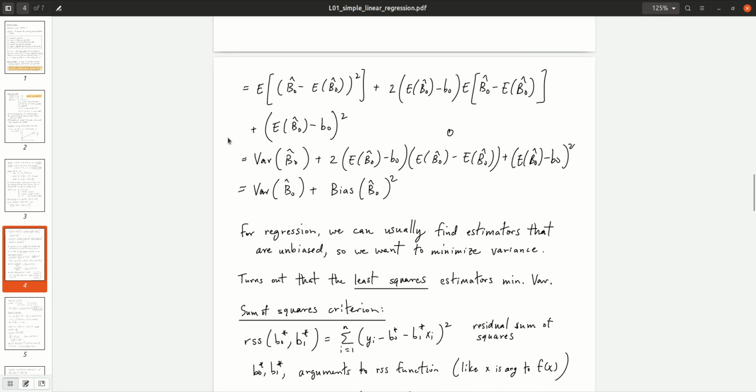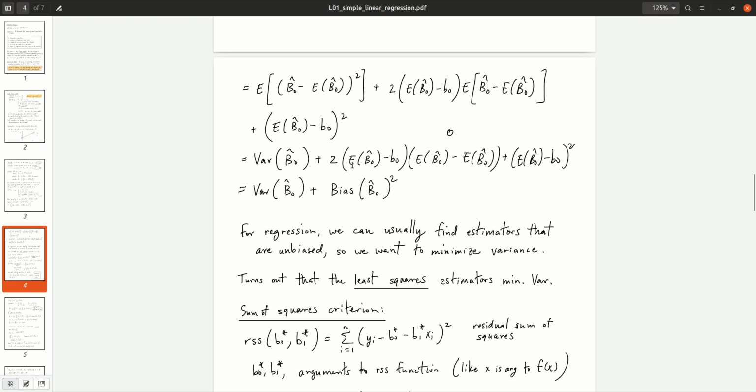Now, if we look at this equation, this thing is just the definition of a variance. So this becomes variance of b0 hat. If we look at this cross term, if I take the expected value of this minus this, remember that the expected value is a linear operator, so this becomes expected value of b0 hat minus the expected value of something that's non-random, so that just comes out.